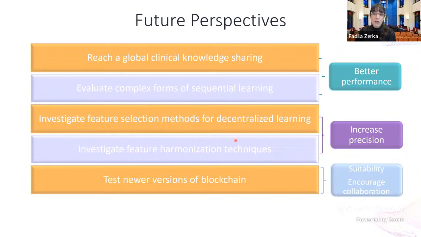Last but not least, we need to evaluate new versions of the blockchain technology, because it is cheaper, faster, and more environmentally friendly. However, mainly we need to do that because it is a sustainable, transparent platform that can encourage clinical collaboration.